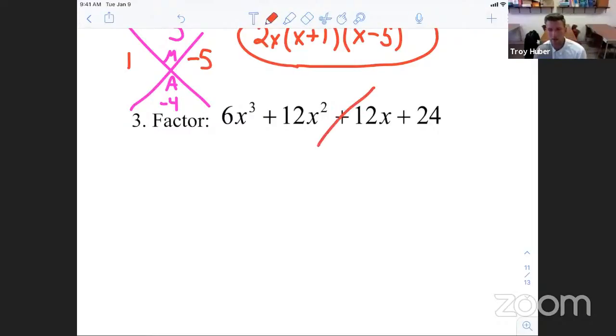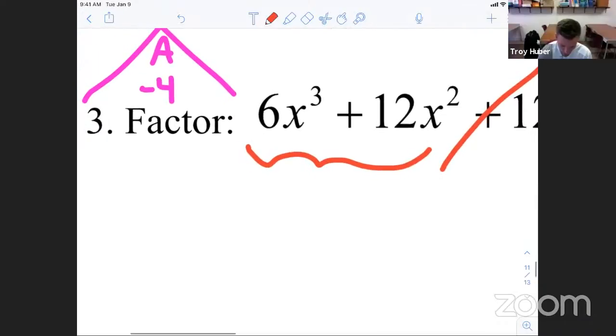Now I'm going to look for a GCF, or a greatest common factor, in these first 2 terms, just these 2 right here. I can see they both have 2 x's. Even though this has 3 x's, the greatest common one that they share would just be these 2.